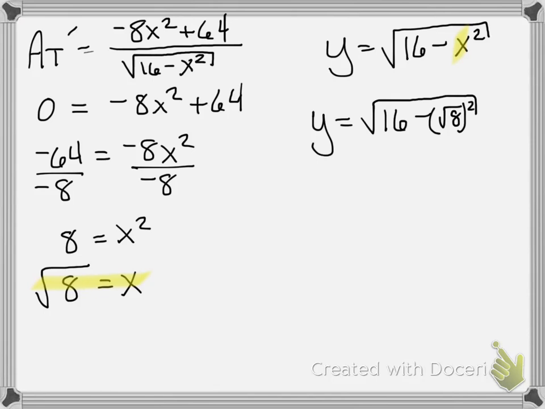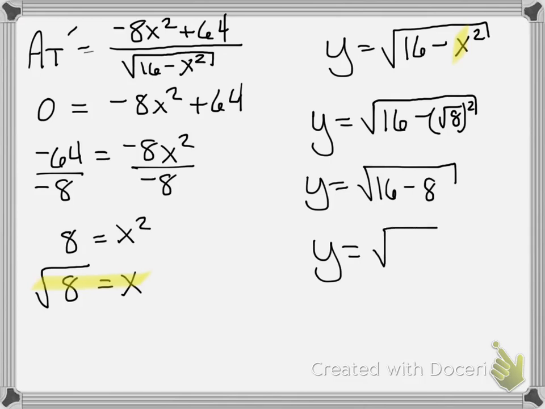So whenever you square a square root, you're just going to get that number. So we have y is equal to the square root of 16 minus 8. And of course, whenever you do that, you get y equals the square root of 8. So those are our two answers.